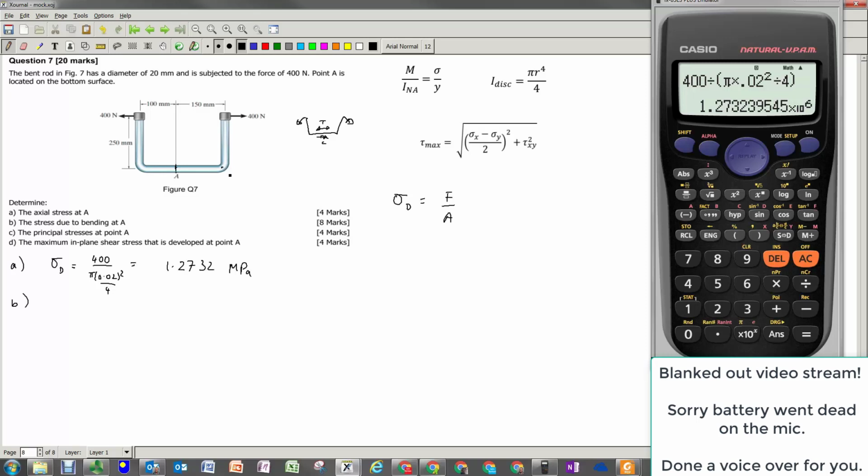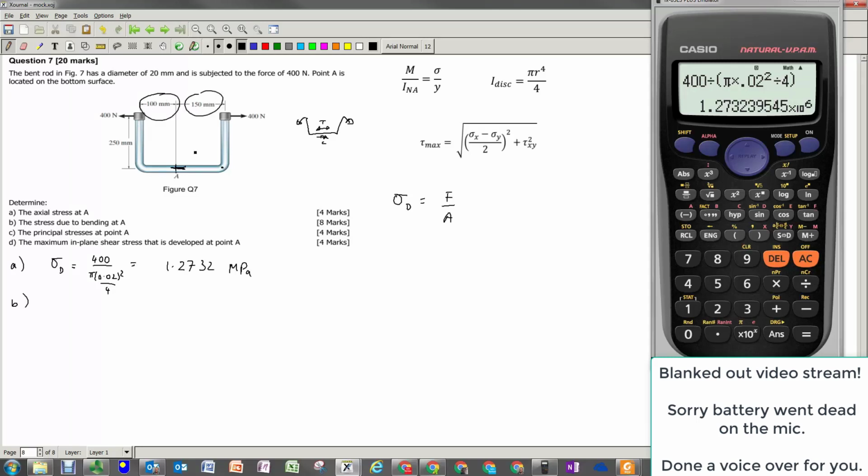Now let's look for the bending stress. We've already got a model for what we expect to be happening at A. We're expecting this to be in compression. So we'll go to the engineer's bending equation. I've copied out the equations that I want to use from the formula sheet. I'm going to rearrange that equation and find what the bending stress is.